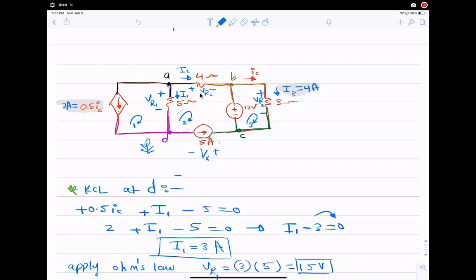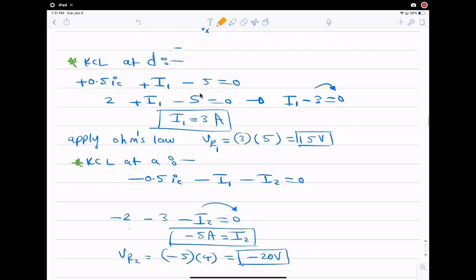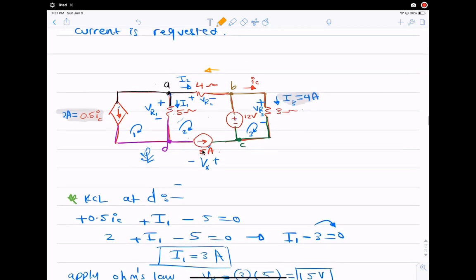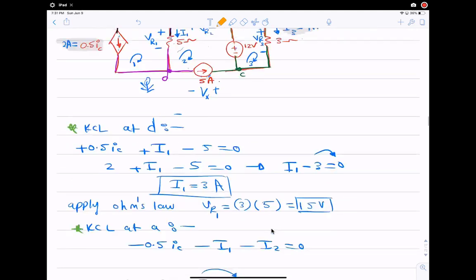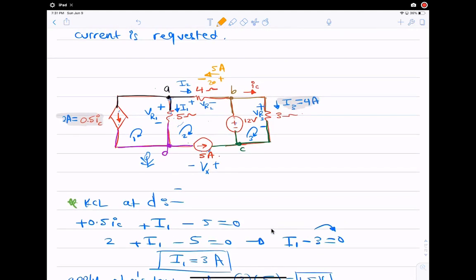If you want to correct it, I2 we already found to be negative 5, so if I put it that way, it will be positive 5 ampere, and the voltage is 20 volts. Doesn't matter, because we always know that voltage is dropping at the resistor, so power is absorbed.